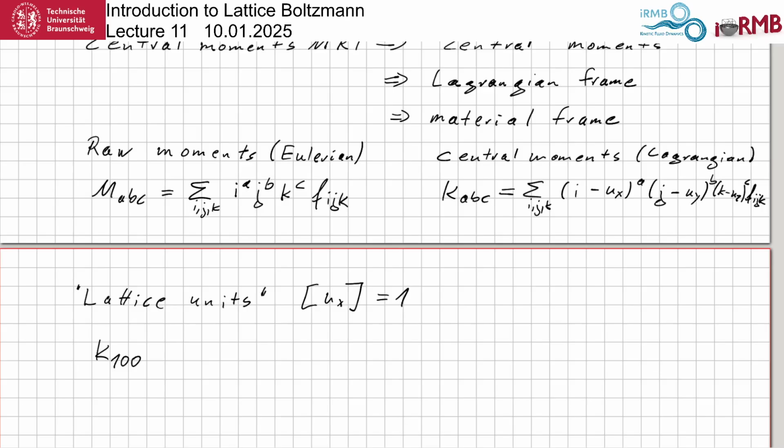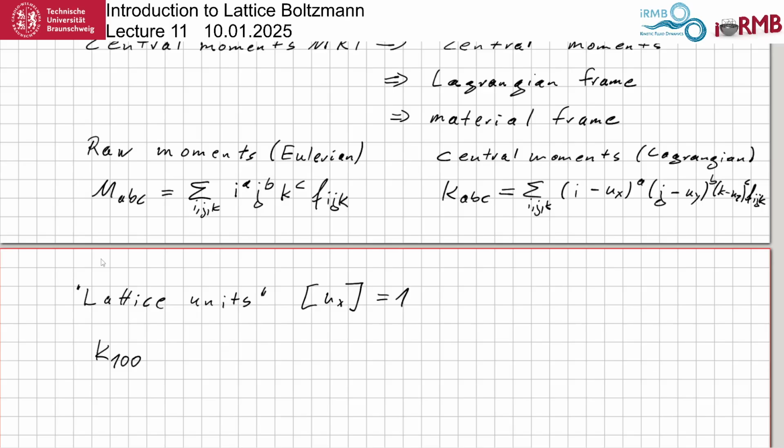It's going to be the sum of i times i minus ux. But you are thinking too complicated. What is m_100? It's rho times ux. So if you calculate the momentum in the frame of the moving fluid, isn't it going to be rho times u minus ux?